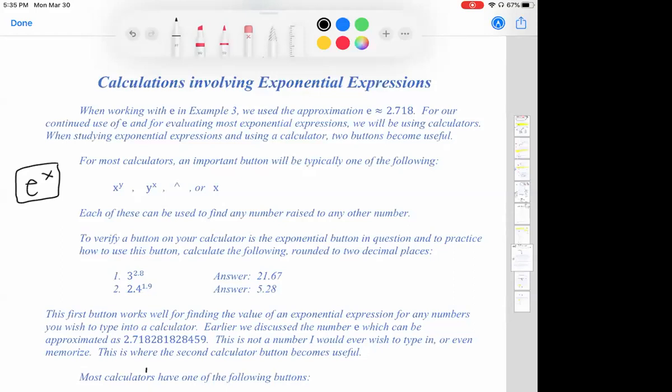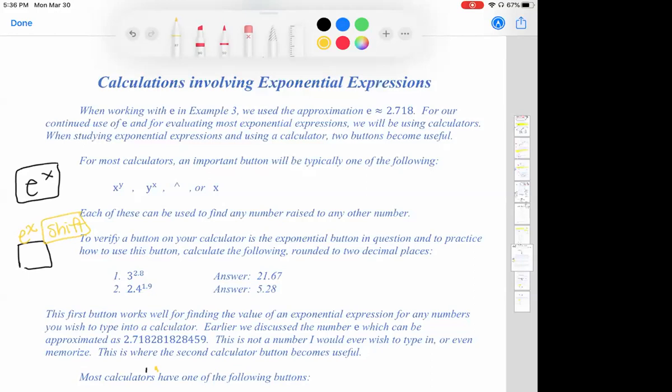It might not be a button. Maybe you have a button with colored letters, green or purple, that has e to the x above it. If that's the case, you need to use the shift command to access the other buttons for each main button.